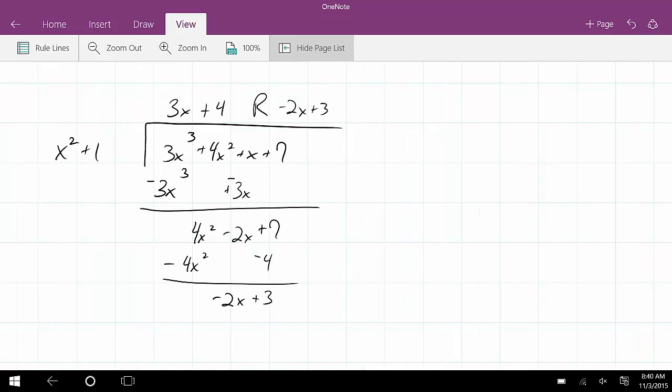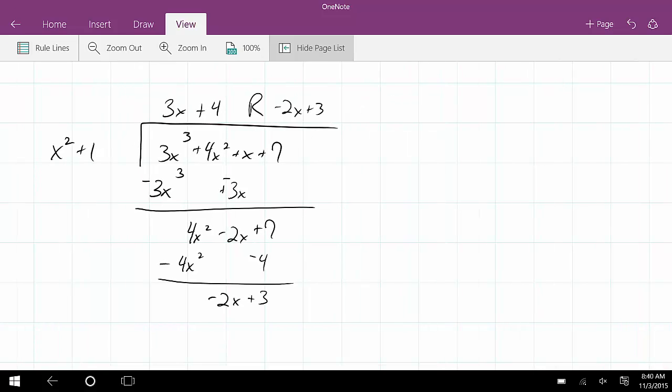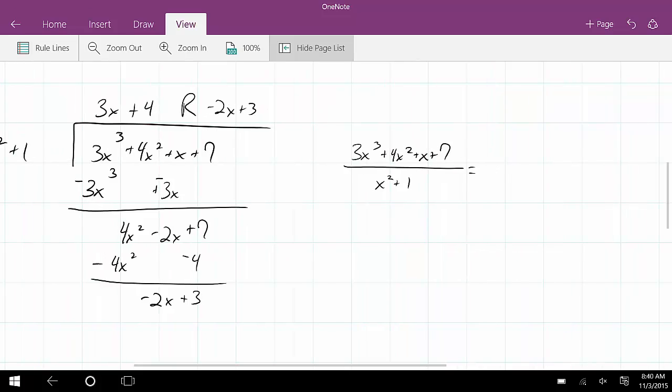Okay? So that means that what we found is that 3x cubed plus 4x squared plus x plus 7 divided by x squared plus 1 is equal to 3x plus 4 plus the remainder of negative 2x plus 3 over x squared plus 1.